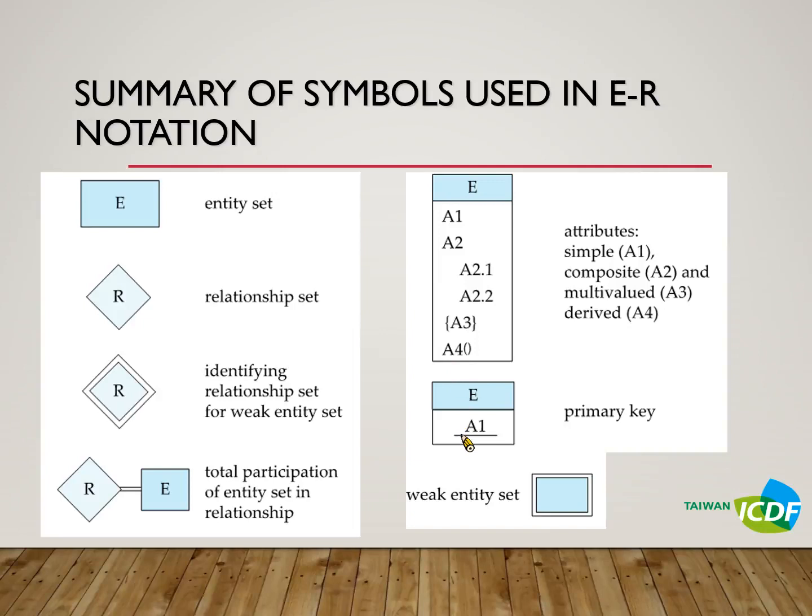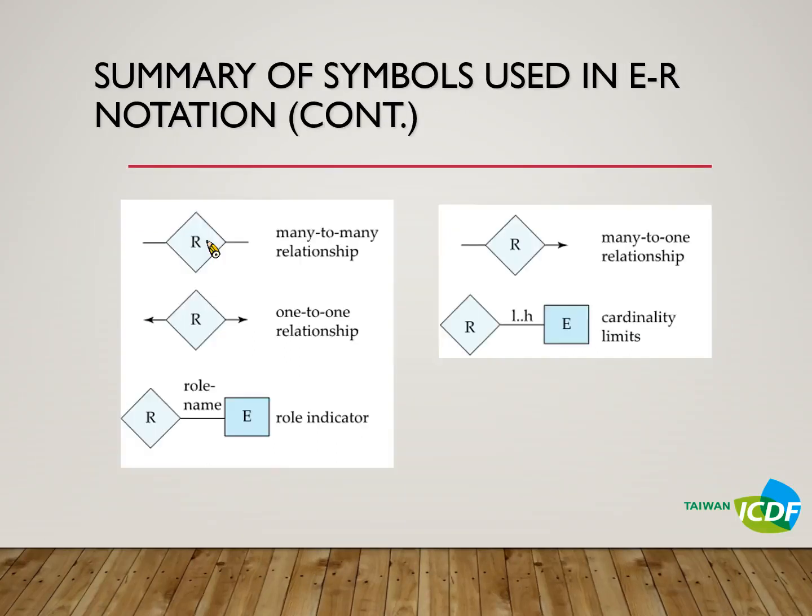For each entity, we can underline some attributes to reveal its primary key. And double-lined rectangles usually refer to weak entity sets. As to relationships, there are some different mapping cardinalities, including many-to-many mappings, one-to-one mappings, or many-to-one mappings.